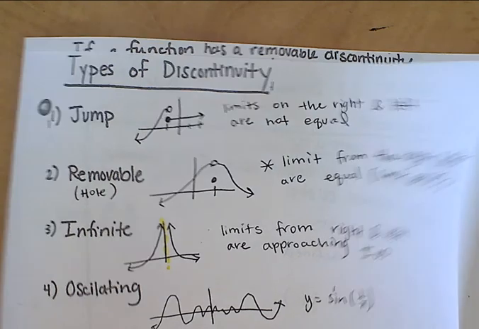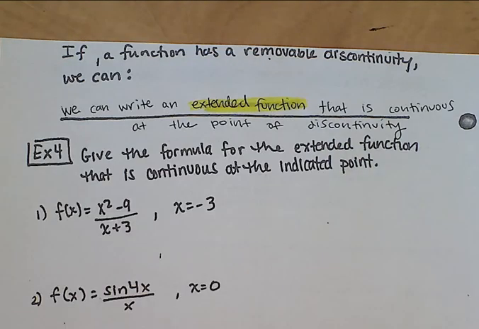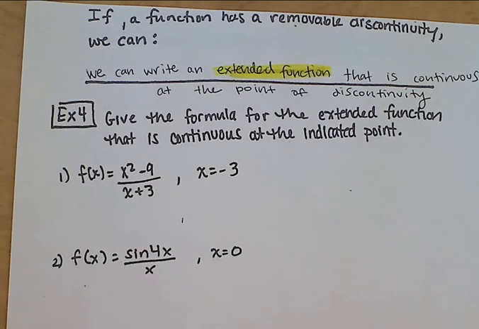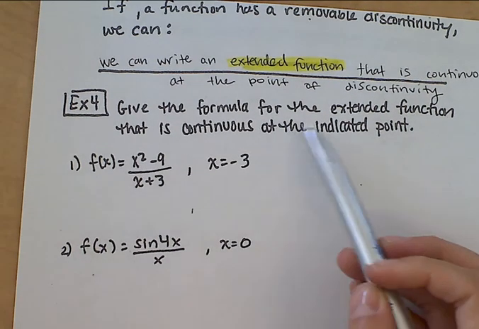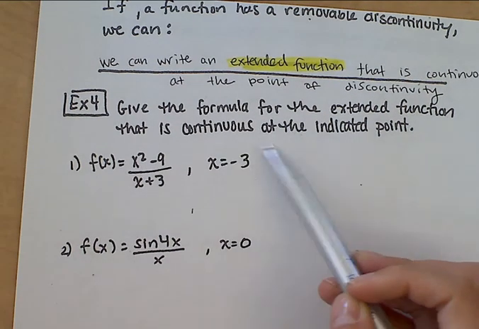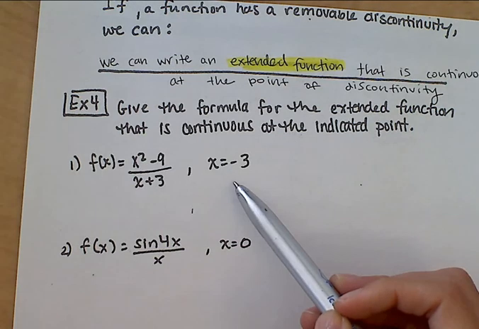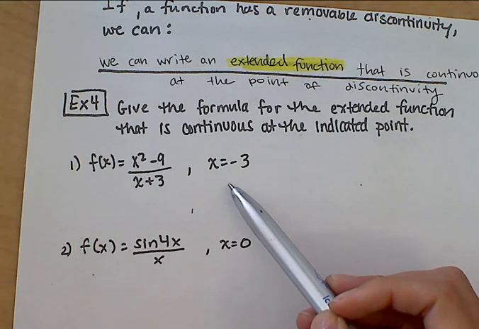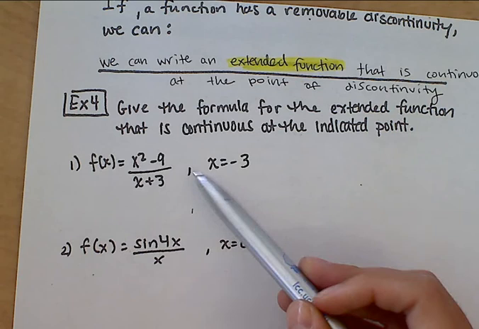So we're basically adding to the function. We're making it a piecewise function to make it a continuous function. Okay, so let's look at an example. Give the formula for the extended function that is continuous at the indicated point. So we want to make it continuous at x equals -3.